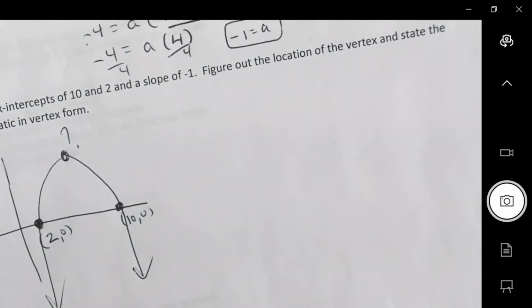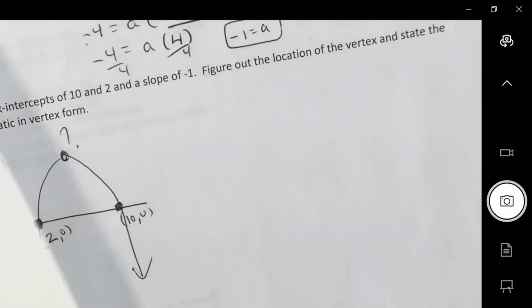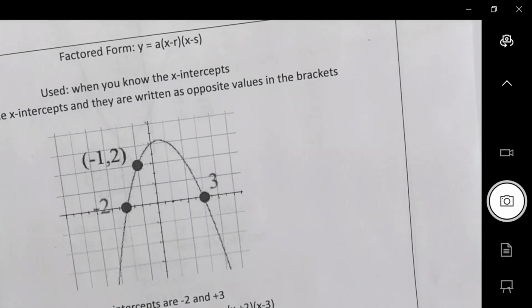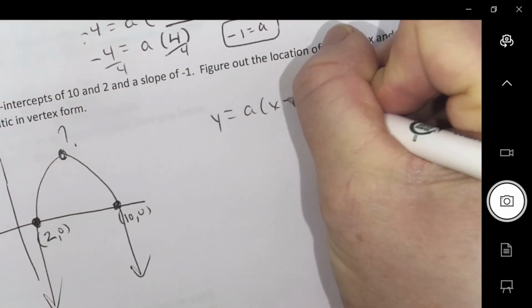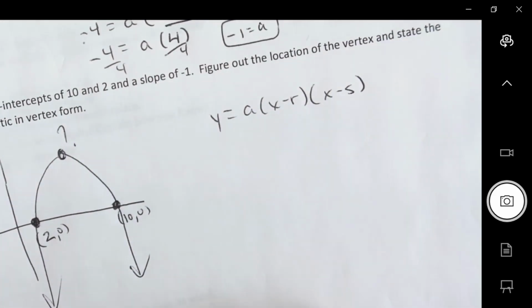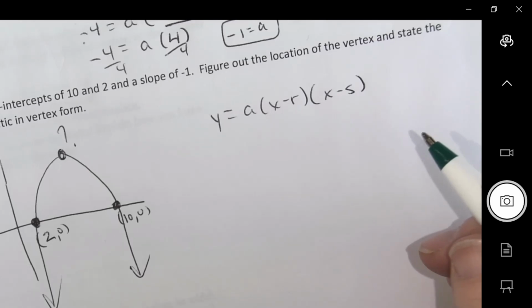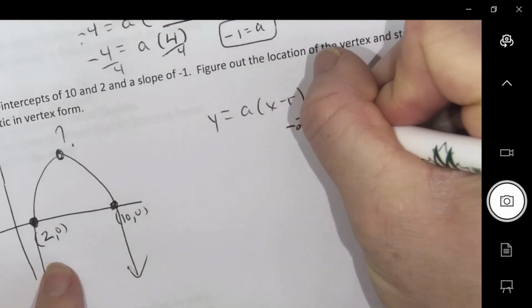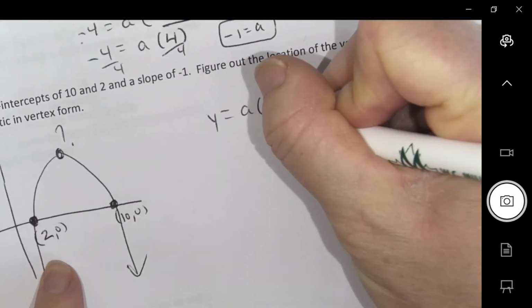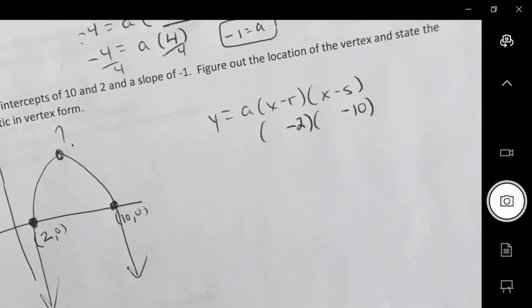I have no idea. Okay, so what I'm going to do is write an equation in factored form because I was given the x-intercepts. Don't write this down, I'm just writing it on my page here. So that's my factored form. So I'm going to insert my intercepts, and because this is a subtract, they're going in as opposite. So minus 2, minus 10. So the x-intercept of 2 goes in with a minus 2.